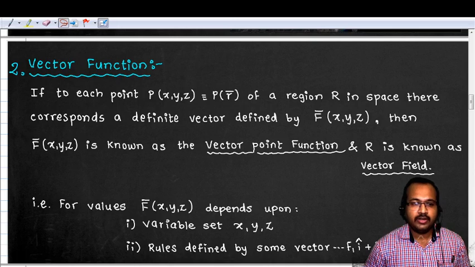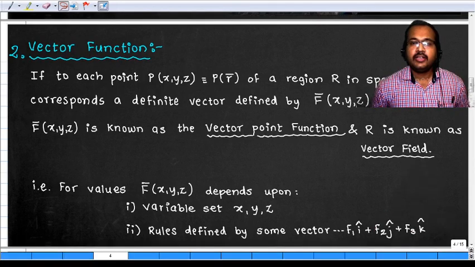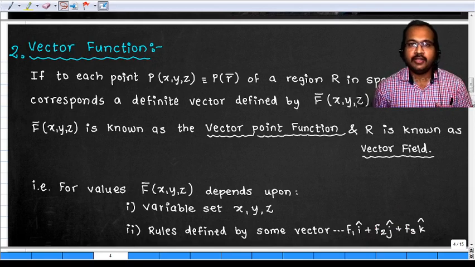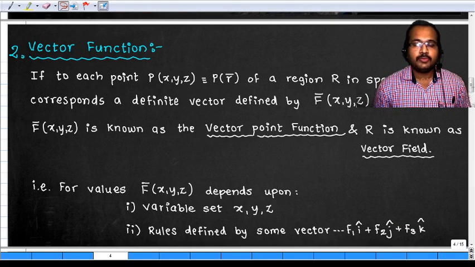So a vector such that some rules, say f1, f2 and f3, are applied corresponding to the position in the Cartesian coordinate system, that is f1 i bar plus f2 j bar plus f3 k bar. So with respect to these two conditions, a vector function f bar depends upon the variable set as well as the rules defined with respect to each coordinate axis.